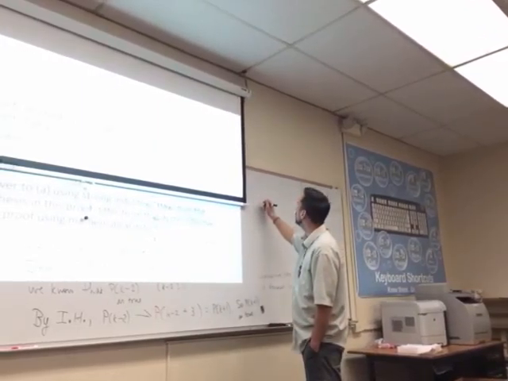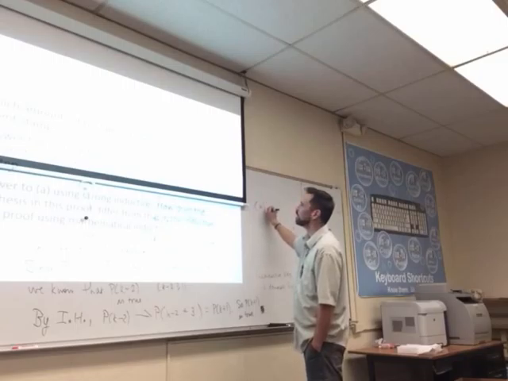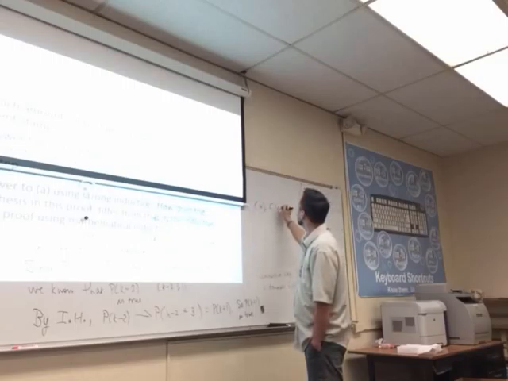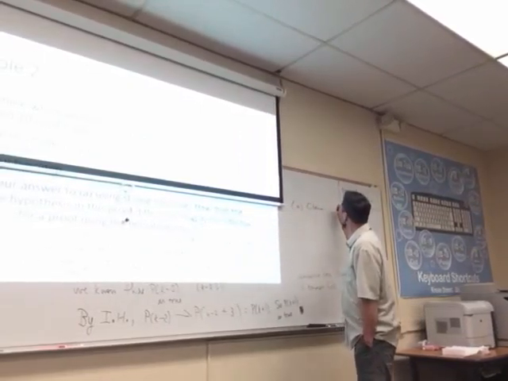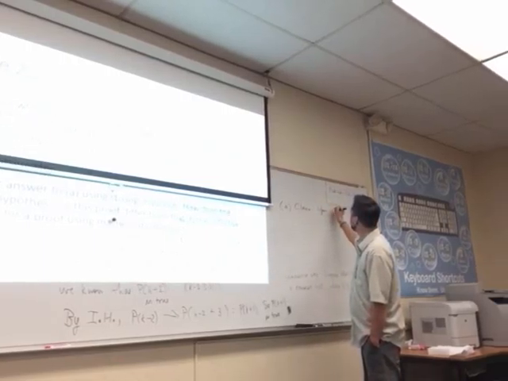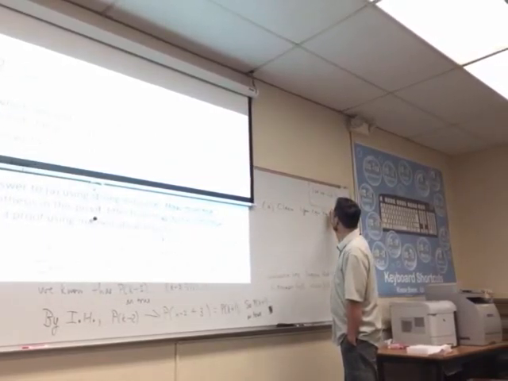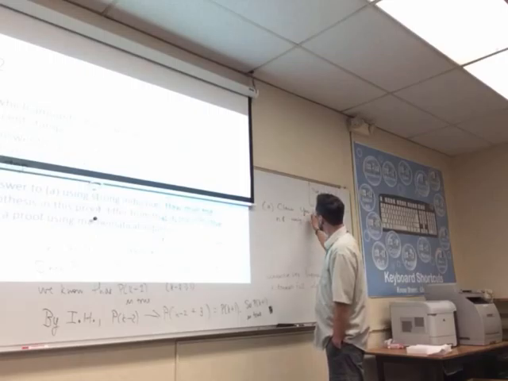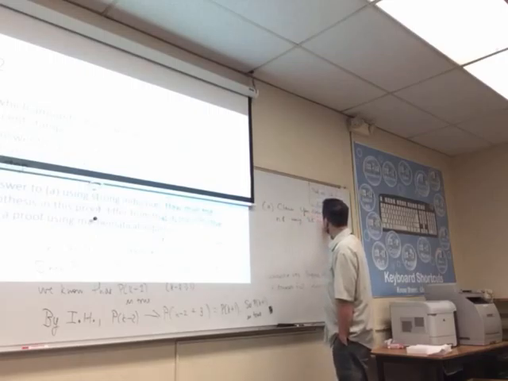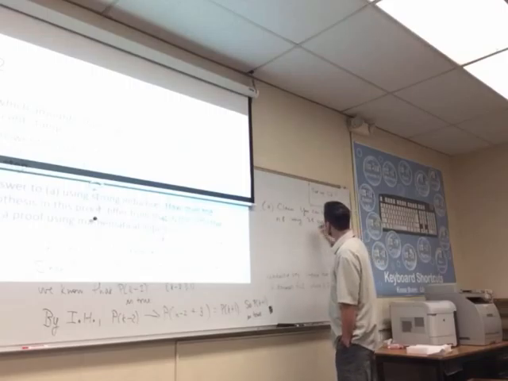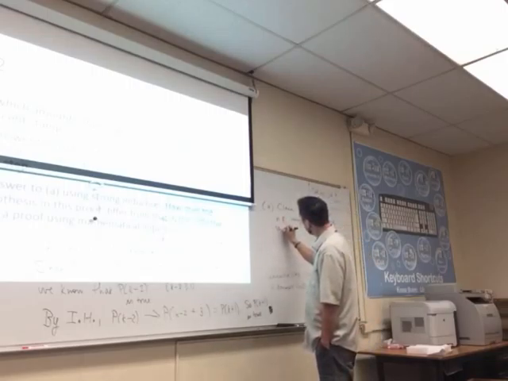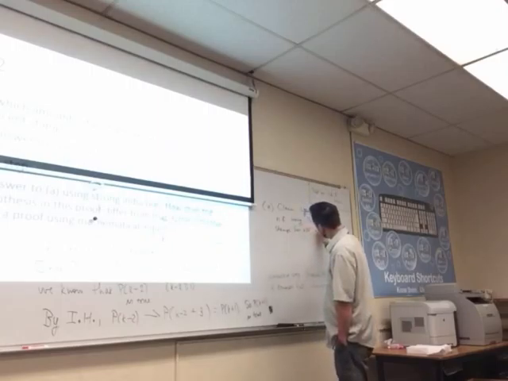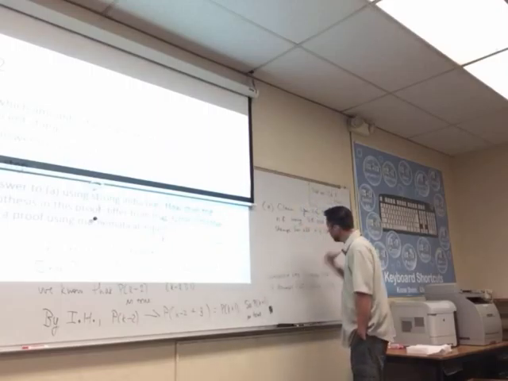So the claim is, I guess this would go under letter A, you can form any amount n cents using 3-cent and 10-cent stamps for all n greater than or equal to 18.